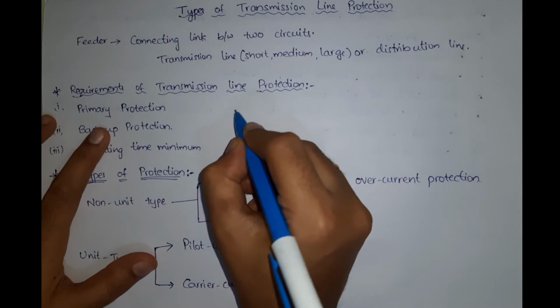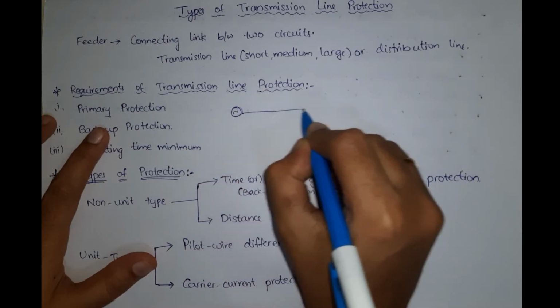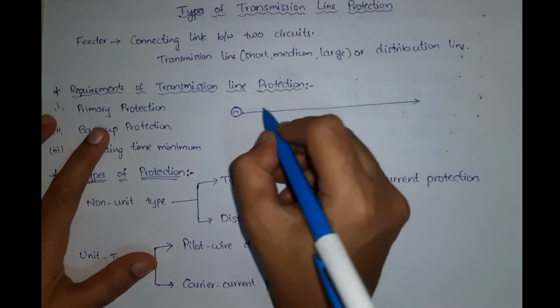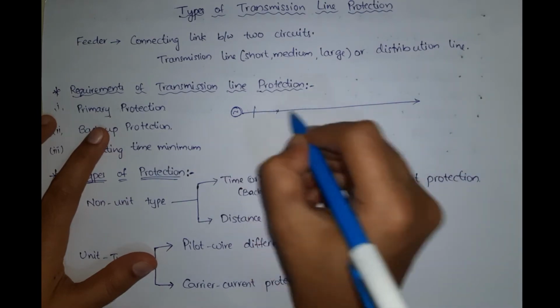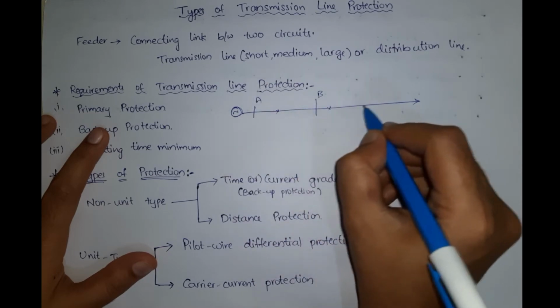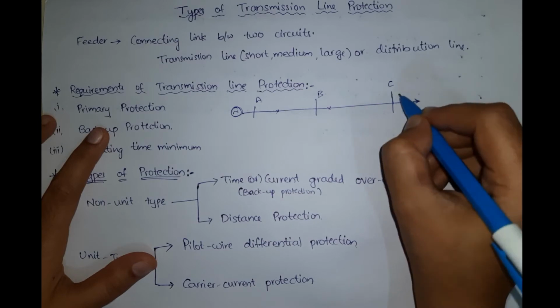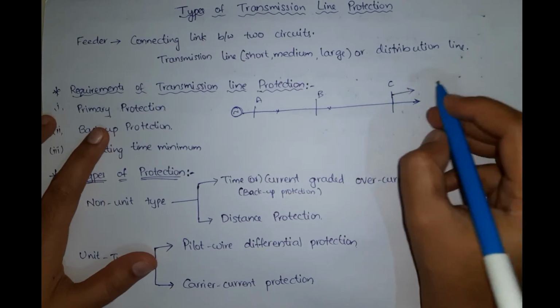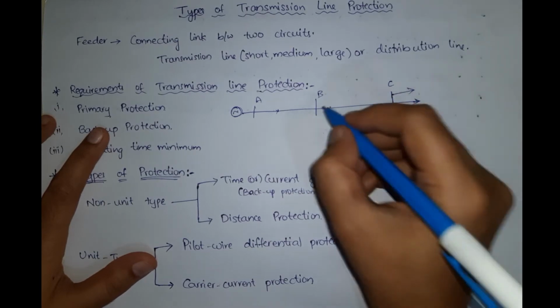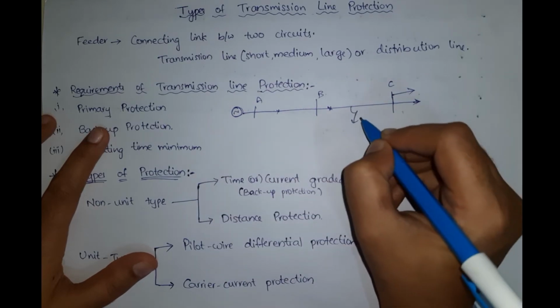So let me show you by an example. Let us take a power supply system. These are the feeders. There may be parallel feeders also. If a fault occurs on the power system at any place, let me take a fault here.